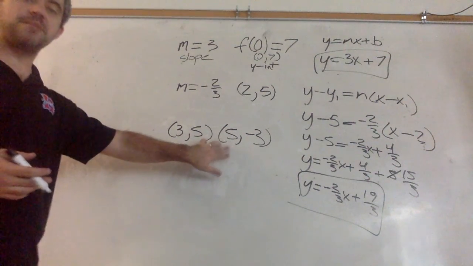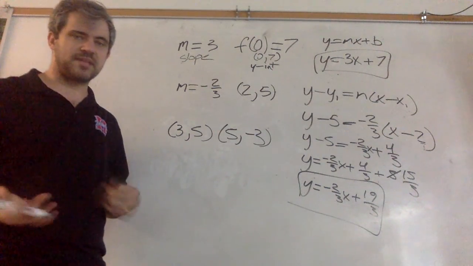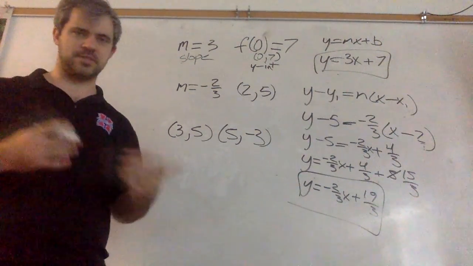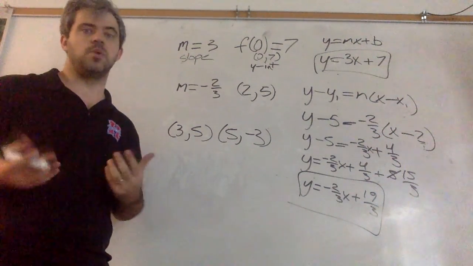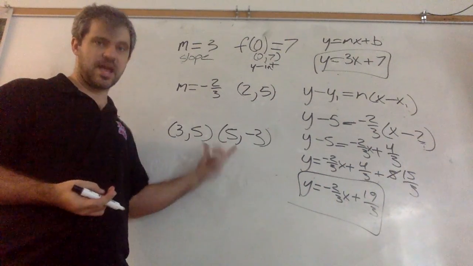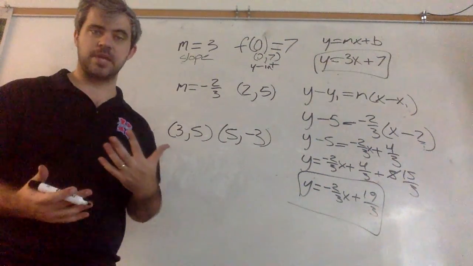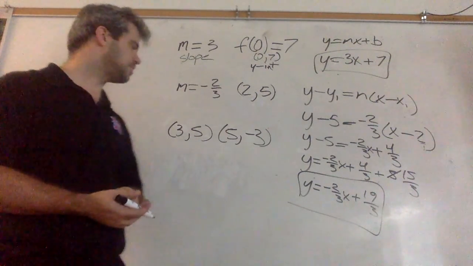Now we're going to do the same thing, except now they've only given us 2 points. Well, that's not slope-intercept. That's not point-slope. It's 2 points. What do we do? Well, we can find the slope, and then we'll have a point and a slope. So our first step here is going to be to find the slope.